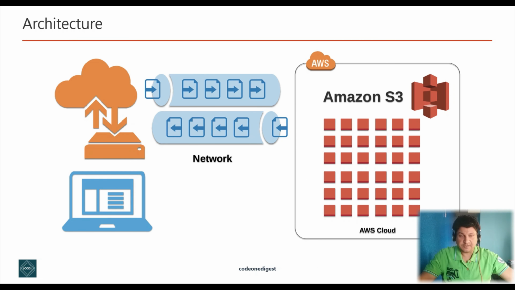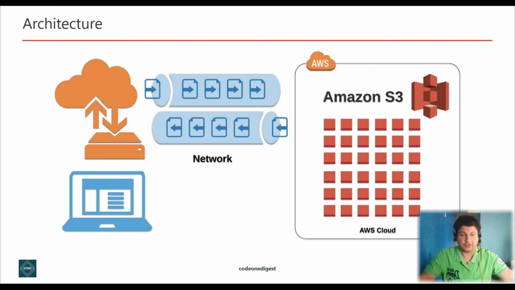Okay, friends. S3 is a very common service where Amazon allows us to upload media files like images or video files or jar files. So whatever files you want to upload, even big files, you can upload them to S3 from your local system. You can access it from your local system, and through a network you can upload all those files into a bucket, and then it will be accessible on the internet on S3. Once the file is available on S3, it will be accessible from anywhere on the internet.